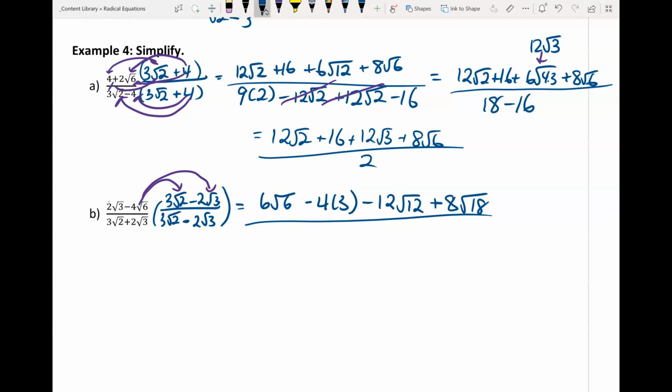And then in our denominator, we have 3 root 2 times 3 root 2. 3 times 3 is 9. Root 2 times root 2 is 2. Then we have 3 times 2 is 6. Root 2 times root 3 is root 6.